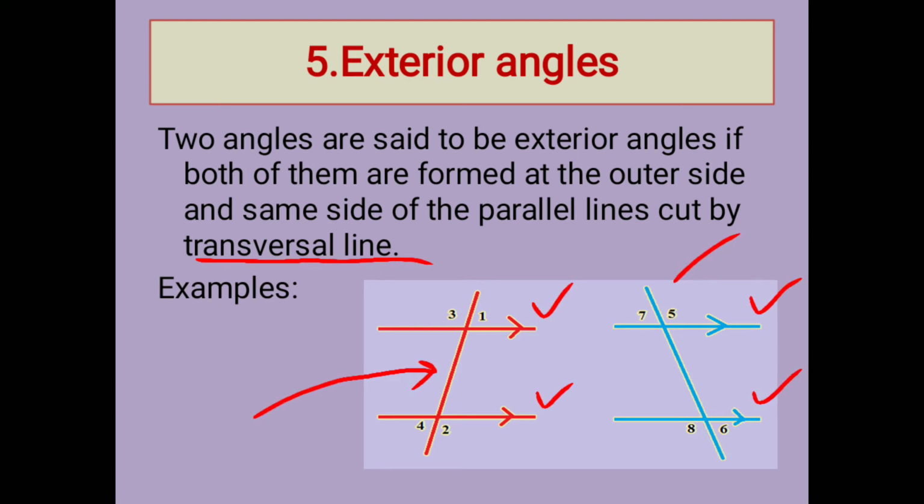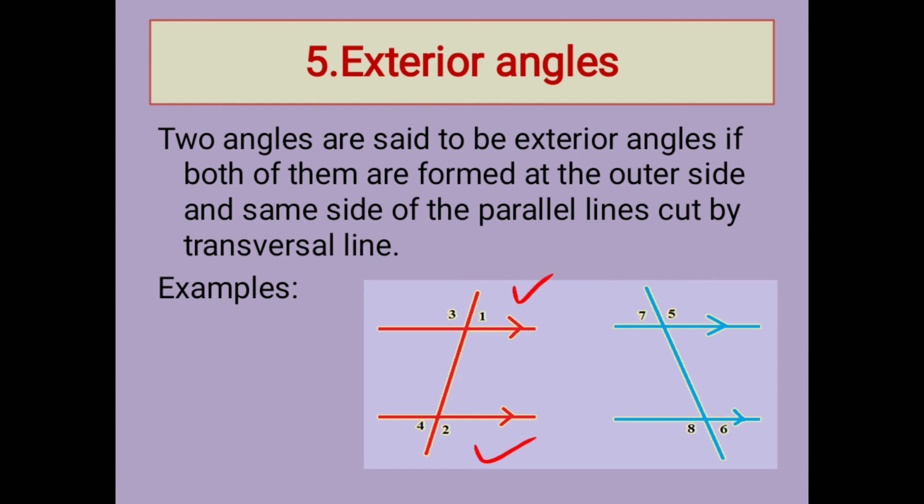So we will discuss exterior angles only if there are two lines which are parallel to each other and one of the lines acts as a transversal line. Here you can see angle number 1 and angle number 2. They are on the same side of the transversal line, that is, on the right side of the transversal line.